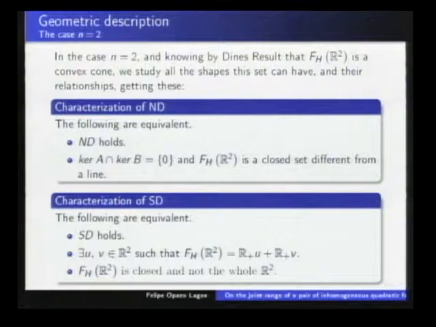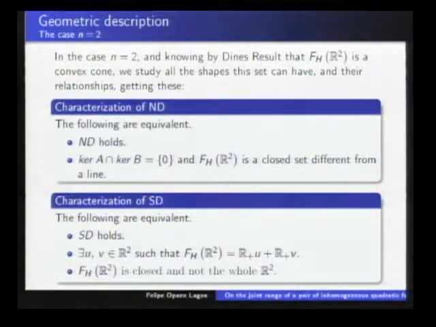And it has the property which this equivalent condition is a very natural one, and this not. Well, how do we get these characterizations? By studying carefully all the possible forms that this set can have.